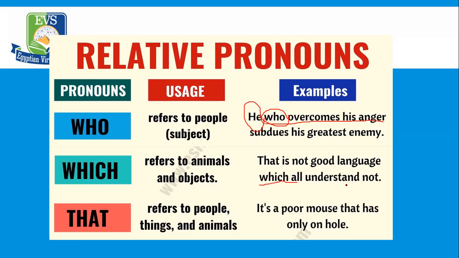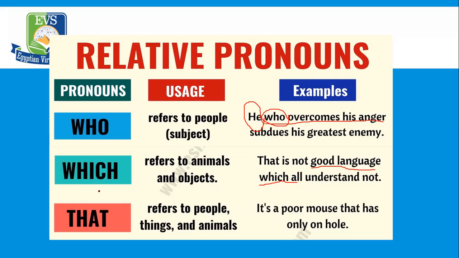This is the relative clause describing and identifying the good language, which is the subject of this sentence. This is the doll which my sister broke. So the complete sentence, starting with the subject and ending with the action verbs, should insert the relative clause describing only the noun or the subject of the sentence.